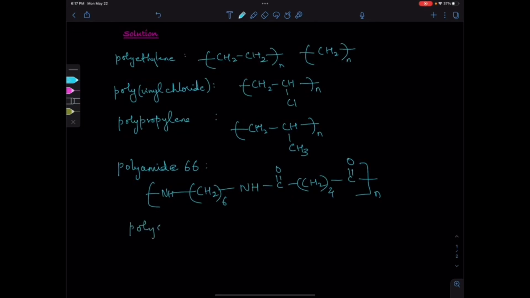Polystyrene is again an ethylene group with a phenyl substituent.